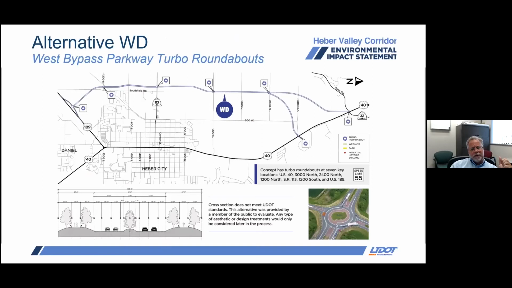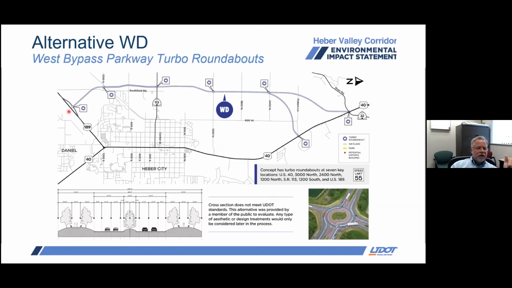So the last alternative that we want to talk about for the West Bypass is what we call the West Bypass Parkway with turbo roundabouts. Just a quick note that this figure is oriented with north pointing to the right again. This alternative does not completely follow the same alignment as the other previous alternatives that we just looked at.